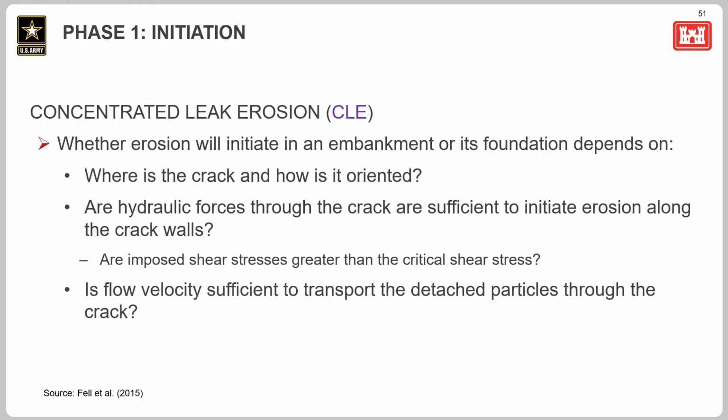So whether CLE will initiate depends on the location and the orientation of a crack within an embankment or its foundation, and the hydraulic forces through and along the walls of the crack. So we're looking at, are the imposed shear stresses greater than the critical shear stresses of the soil, and is the flow velocity enough to transport any detached particles through the crack?